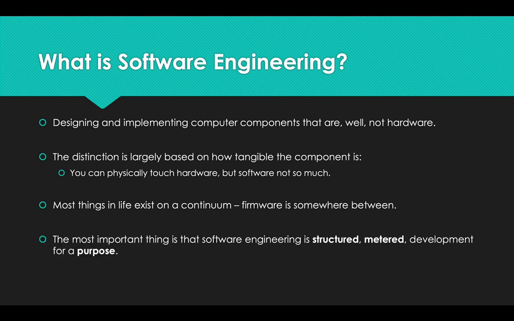The most important thing, regardless of how you define software engineering, is that you want software engineering to be these three things. You want it to be structured, you want it to be metered, and you want it to be towards some central purpose. Structured, meaning that it's repeatable.